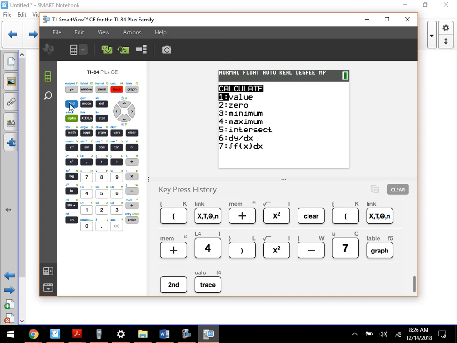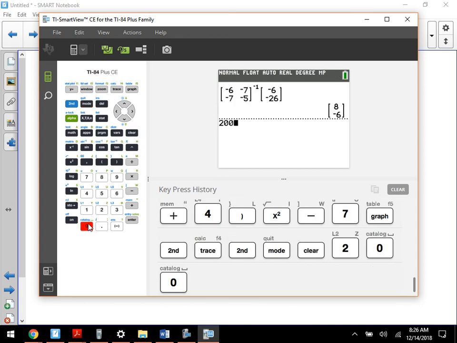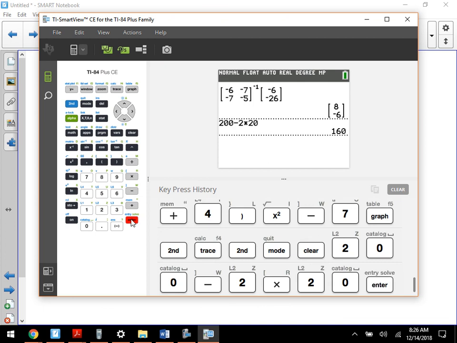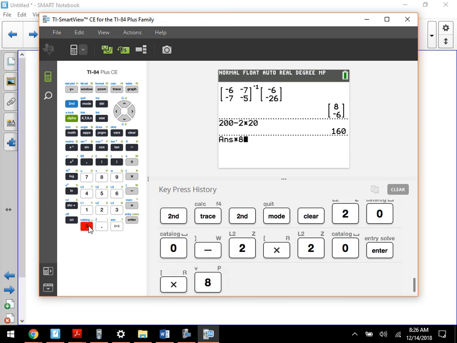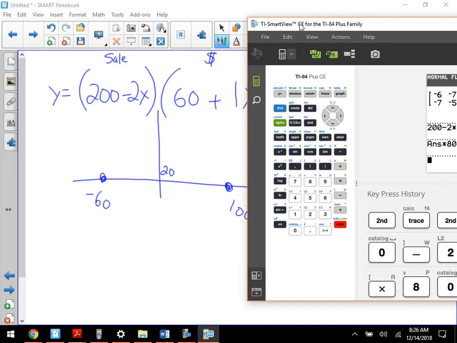So if I throw 20 into my calculator for the x value, we'll get 200 minus 2 times 20, and then 60 plus 20. So it'll be 160 times 80, I believe. Does that sound right? I'm trying to do this off the top of my head here without moving this around.